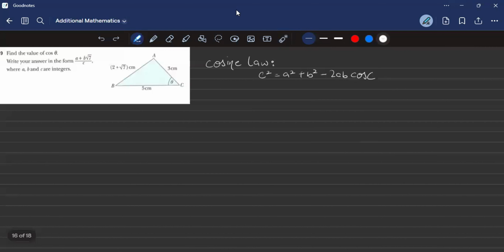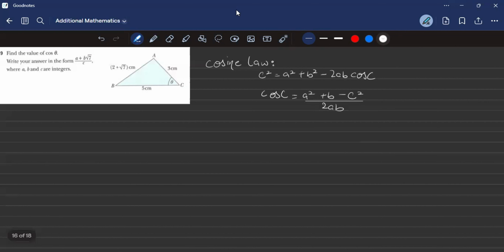So what we're going to do is say that cos C is equal to a squared plus b squared minus c squared divided by 2ab. Okay.